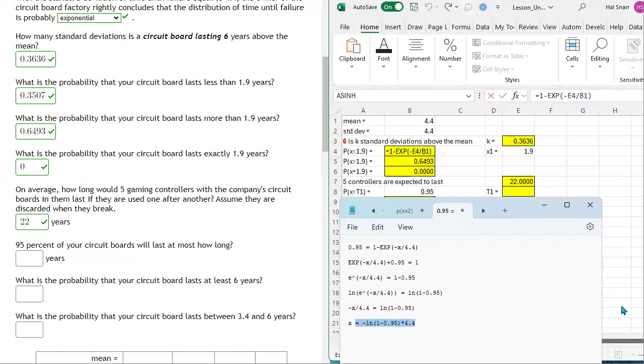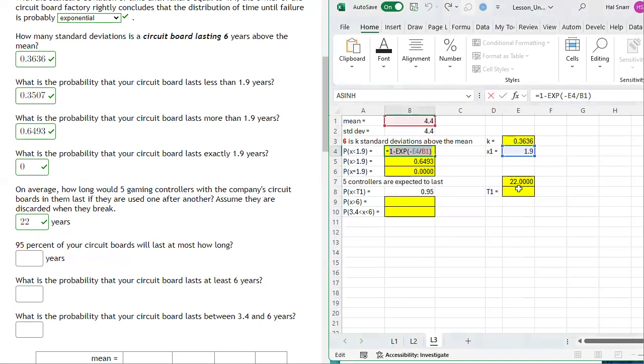The equivalent of this in the normal distribution would be norm.inv, norm.inverse, with the probability value being fed into it, 0.95, and the mean being 4.4, and the standard deviation being 4.4. So we're going to put that right here. We're going to type equals natural log. This right here is, we want the 95th percentile.